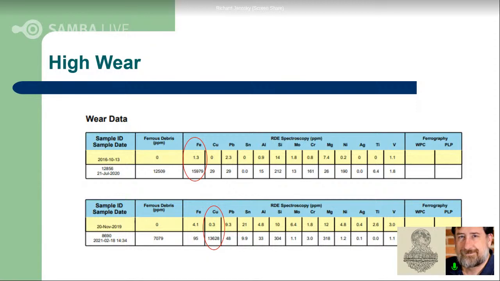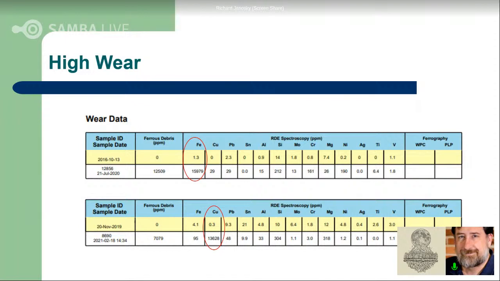You're not going to get a very strong response in your RDE spectroscopy for iron in that case. On the other hand, you have some kind of corrosive process, some wear process that's oxidizing in nature, such as fretting wear. That's going to create an oxide, and the oxide is going to show up very well in this technique because it tends to make very small particles, but not so much in those ferrous density type measurements that would rely on the ferromagnetic character of the individual particles, and they might respond a little less there.